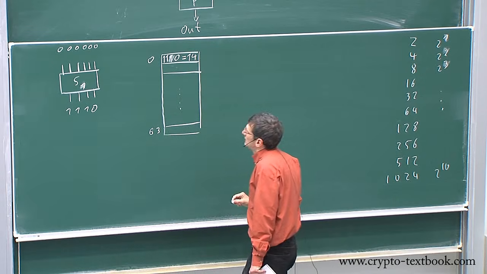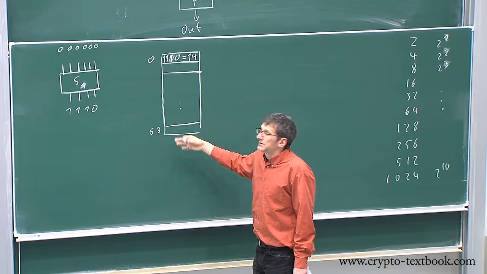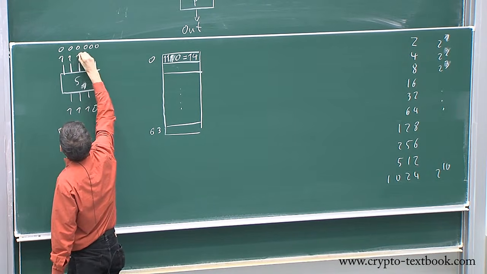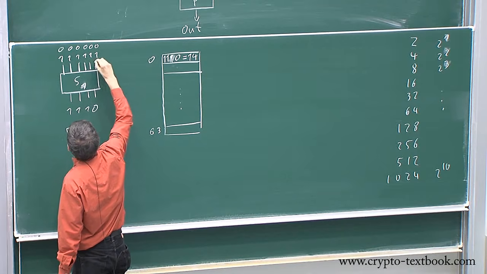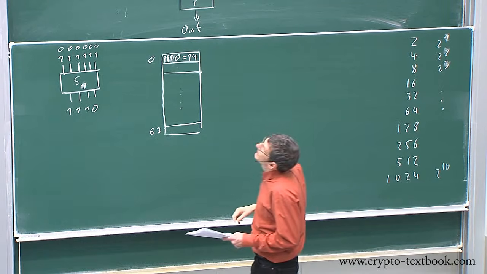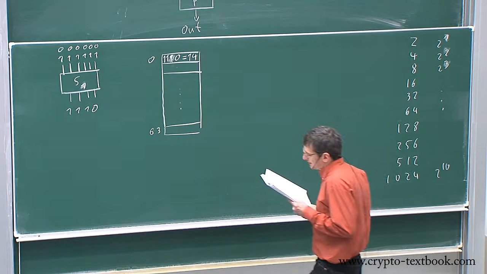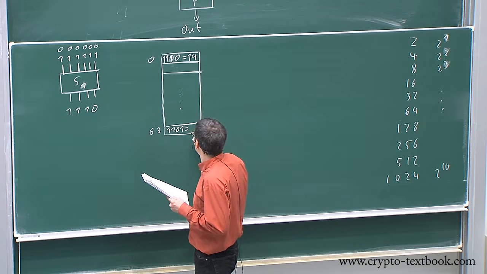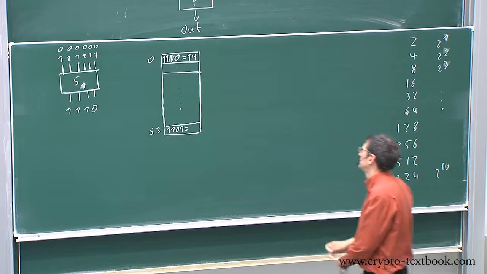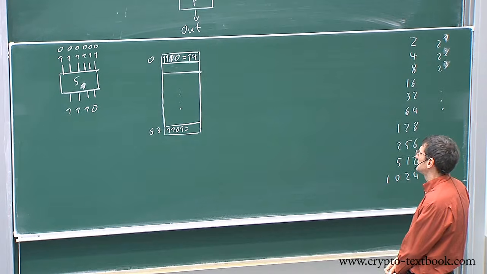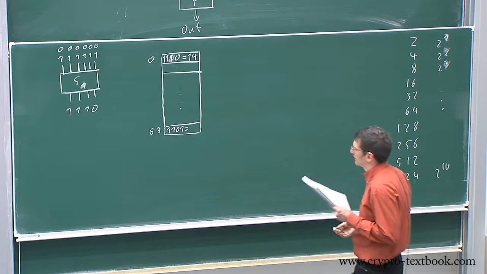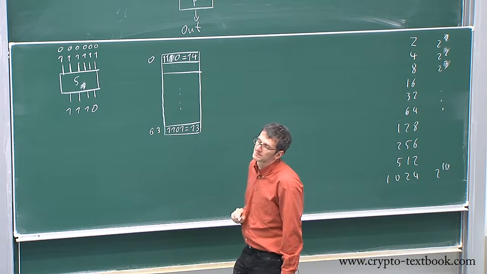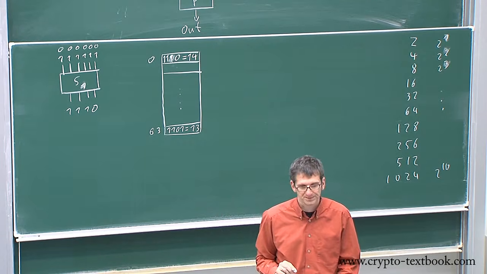So if your input happens to be 63, that means in binary 1, 1, 1, 1, 1, 1, your output becomes 1, 1, 0, 1. What is that in decimal? 8, 4, 12, 13. Yes, it's 13 in the decimal system.